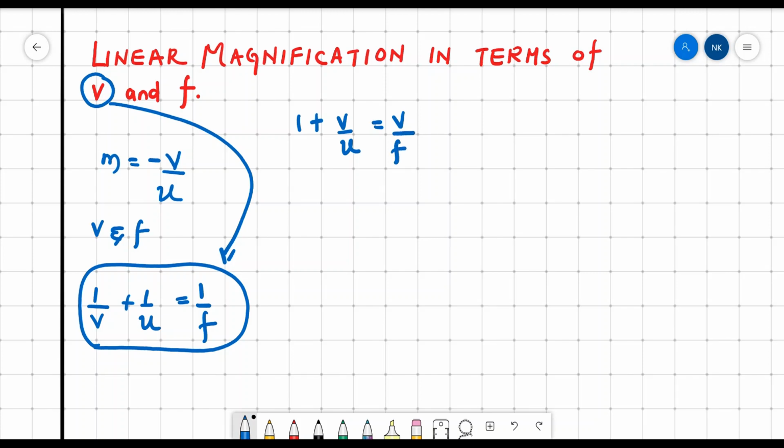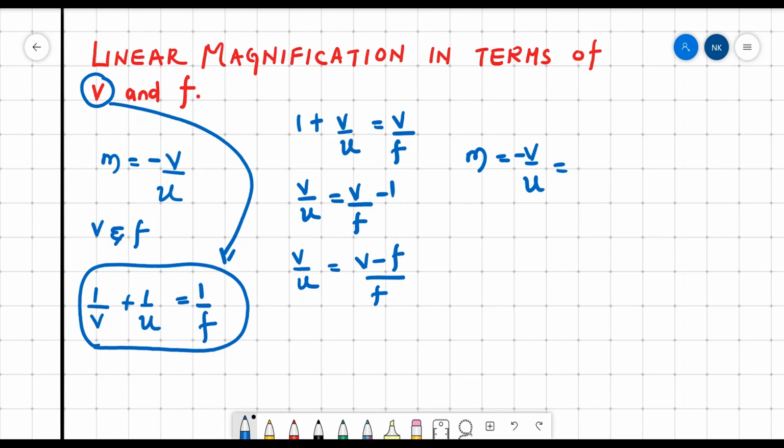So here v by u equals v by f minus 1. So v by u equals v minus f upon f. We know that linear magnification m equals minus of v by u.